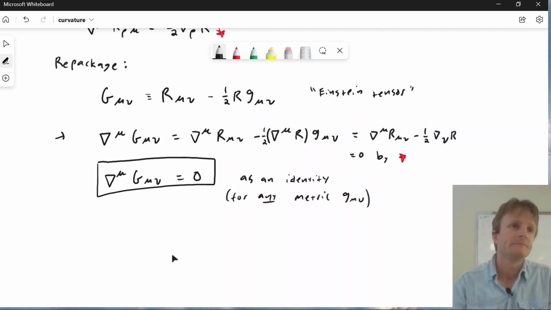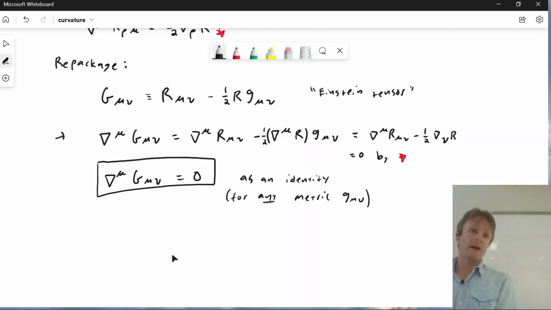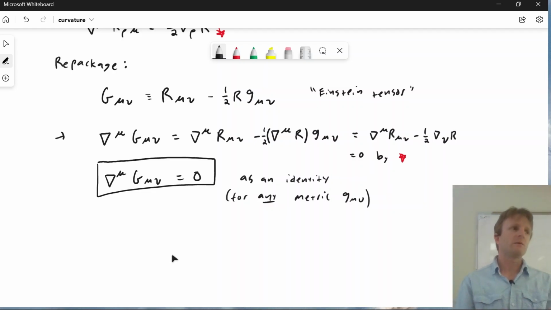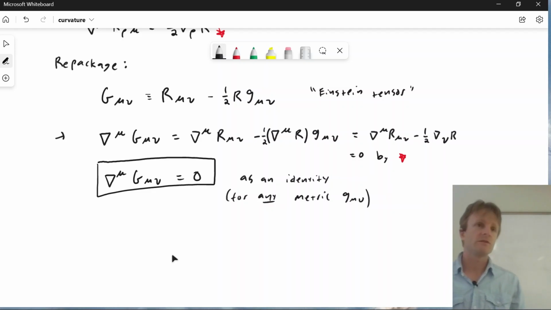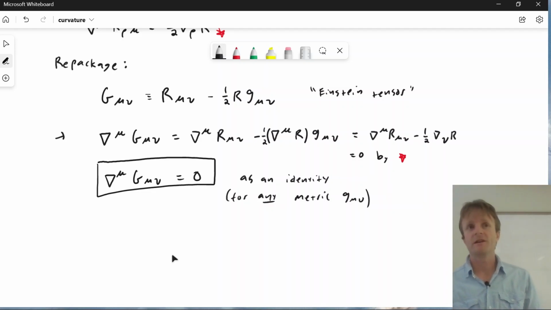Yeah, I'm imagining how Einstein approached this, and there's some evidence he did. He's looking for a generalization of Newton's gravitation equation, which is the Laplacian of phi equals the mass density. So the idea is, well, the relativistically invariant generalization of mass density is the stress energy tensor. So we need some second order derivative operator acting on the metric that could be set equal to the stress energy tensor.